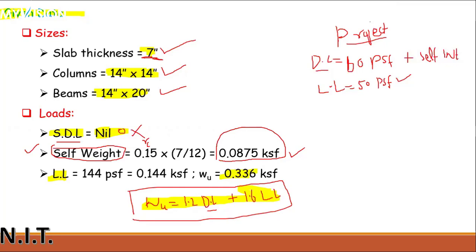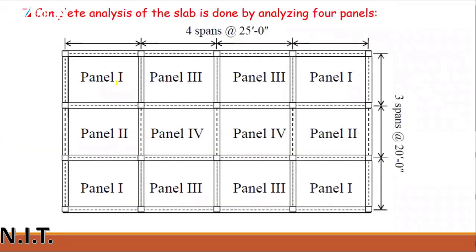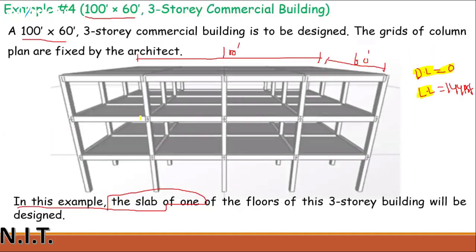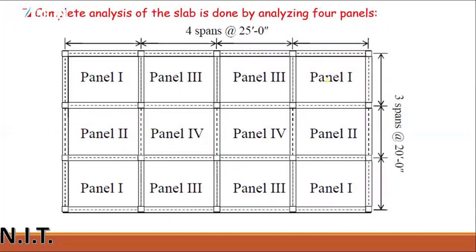Okay, and your first step is to divide this complete slab. Can you see, this is the complete slab of this project. You have to divide it into panels, and in this project, panel 1 is the same, as you can see. Clear? The orientation, sizes of the members, loads, application, everything is the same in panel 1.